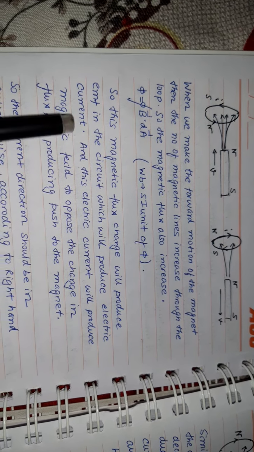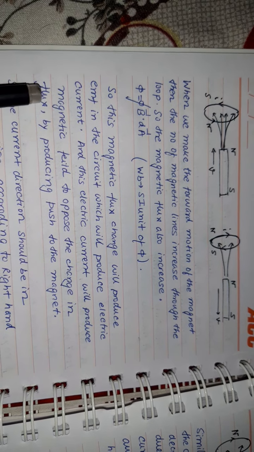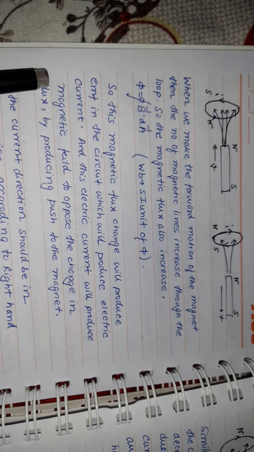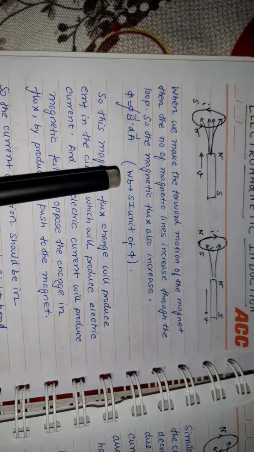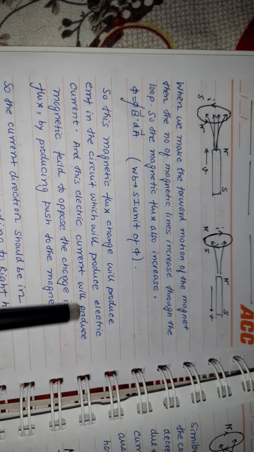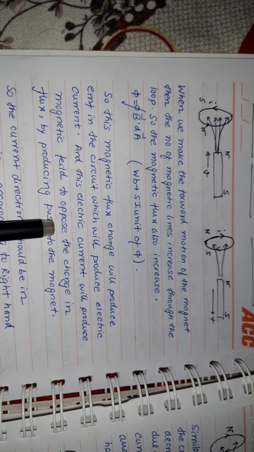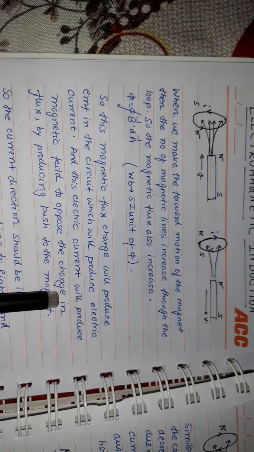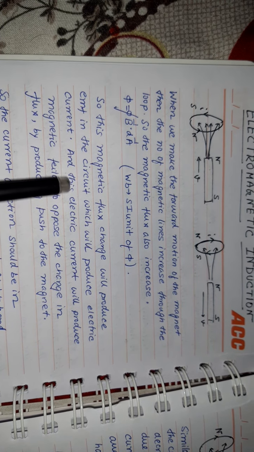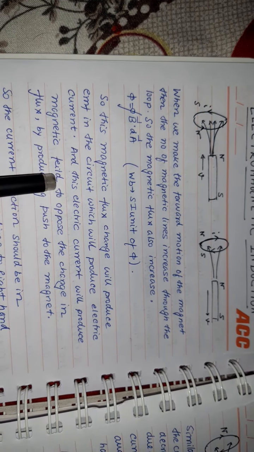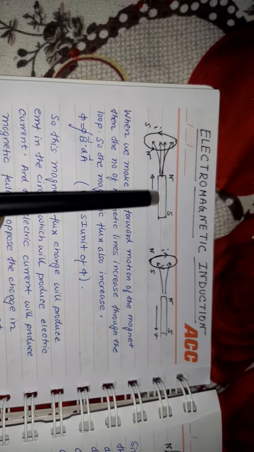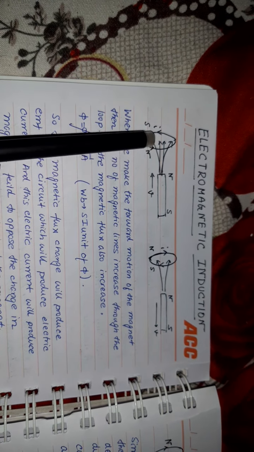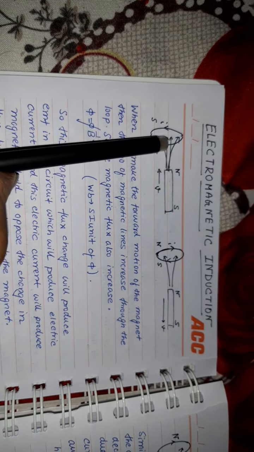Means the electric current which is produced will produce its own magnetic field, which, as I told in the previous video, will oppose the change in the flux, by pushing against the magnet. So this magnetic field will oppose the flux which is changing here; it will oppose the change in flux by pushing the magnet.